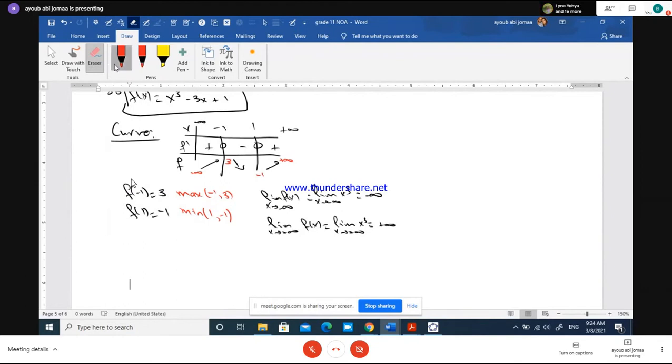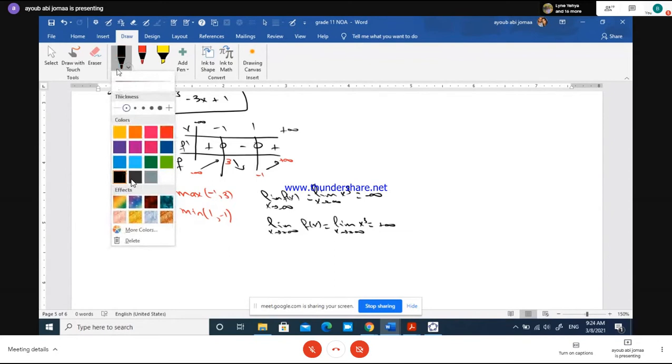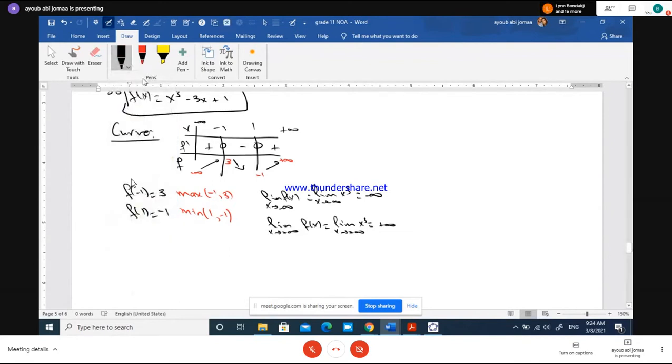Okay. Moreover, for the inflection point, I can determine it now. You have the table of sign of f double prime. Again, I'm not rewriting or restudying the concavity or the variations from parts 1 and 2.